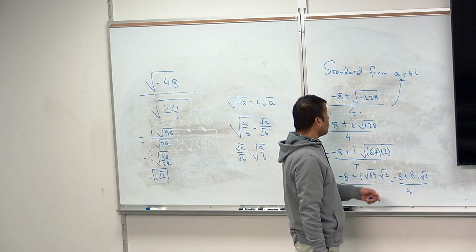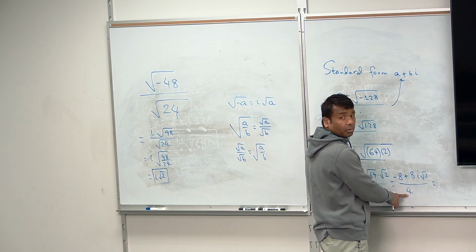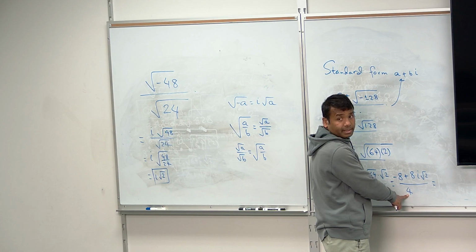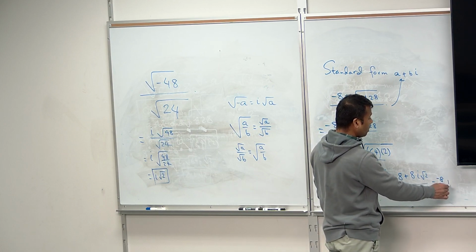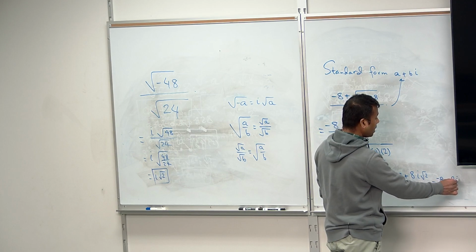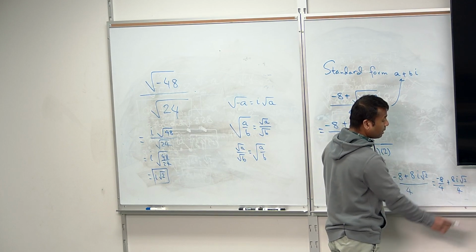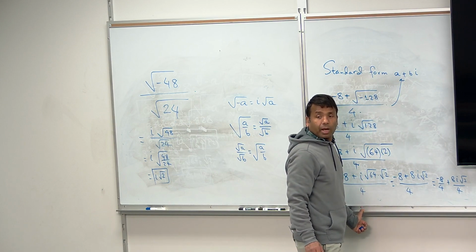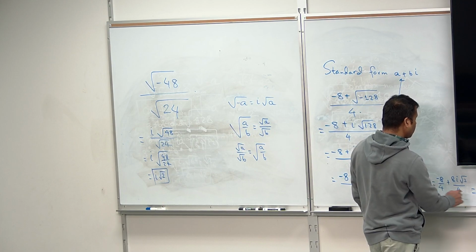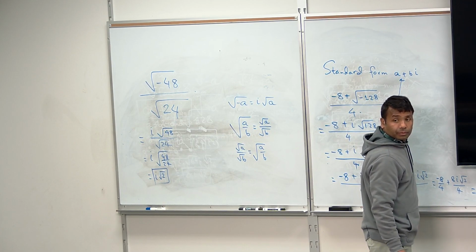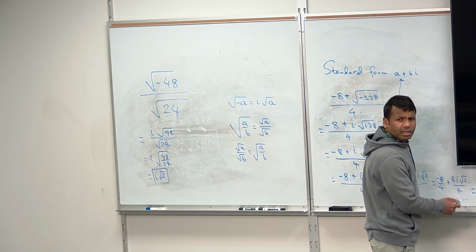And now it has a common denominator, right? So this 4 is the common denominator. So this is the same as negative 8 over 4 plus 8i radical 2 over 4. Make sense? So what is negative 8 over 4?